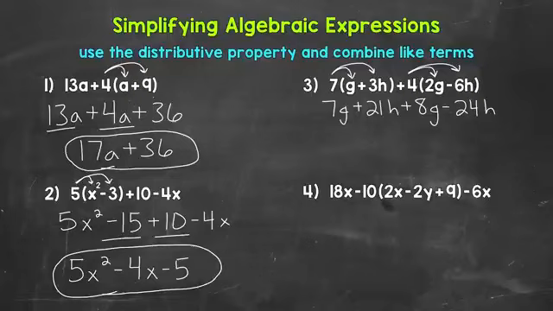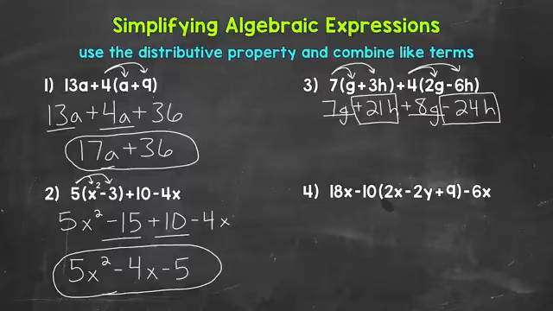Now for this expression, I'm going to rewrite it with all of the like terms next to each other. This is a strategy we can use to organize the expression and make combining like terms a little simpler, since all of the like terms will be right next to each other. So let's identify any like terms in this expression. We have 7g and 8g, and then 21h, which I will box in order to separate, and then negative 24h.